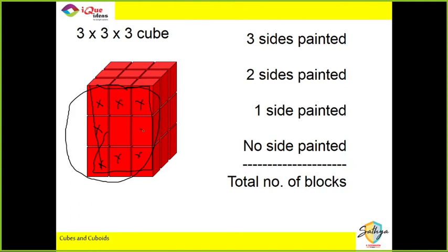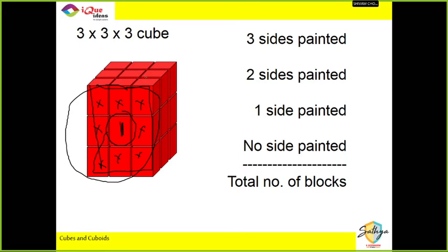You remove that. So, how many are left not touching the edge? 1. So, on this face 1, and every face is similar. So total 6 faces, one on each face, so total 6 pieces with one side painted.